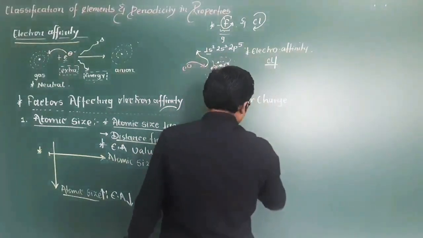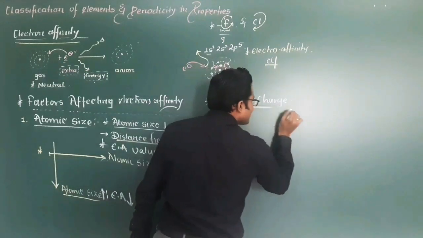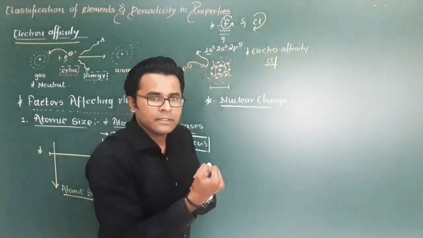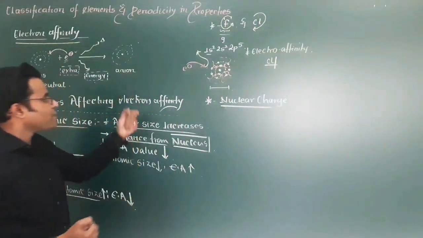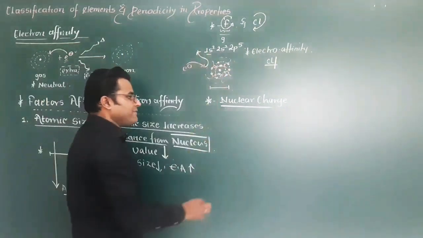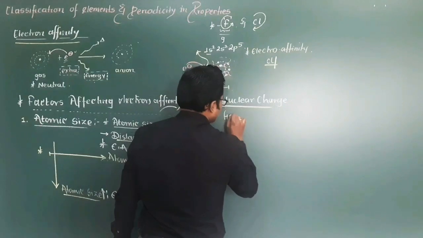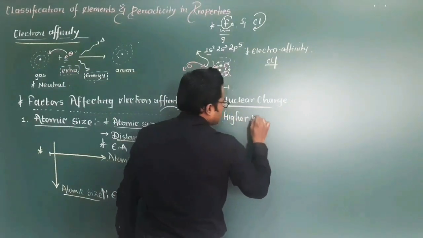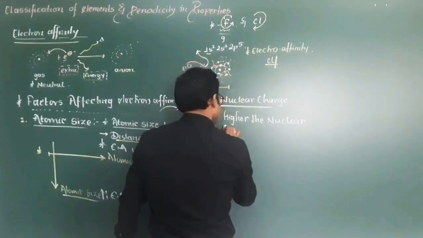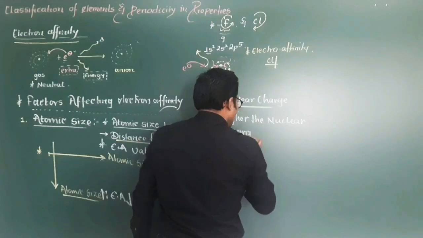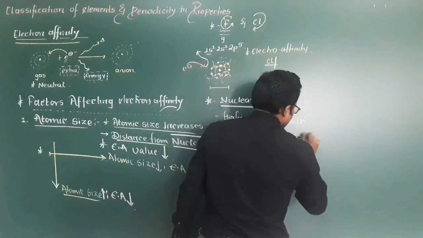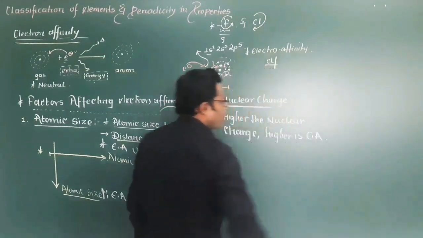So, the higher the nuclear charge, the more strongly the outermost electron is going to be attracted, and that means more energy is going to be liberated. Therefore, the higher the nuclear charge, the higher is the electron affinity value.